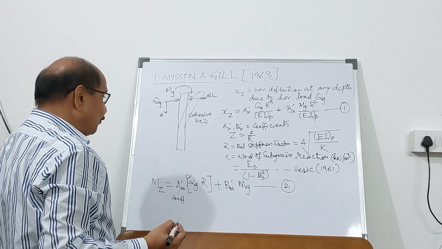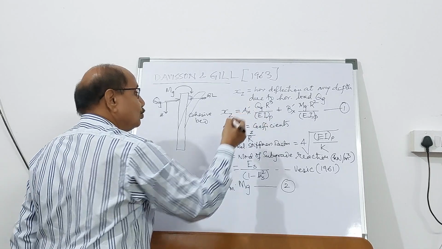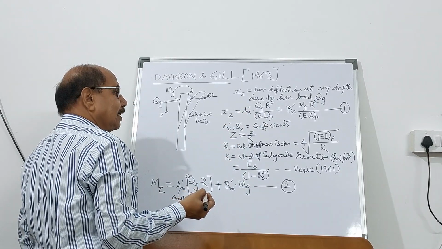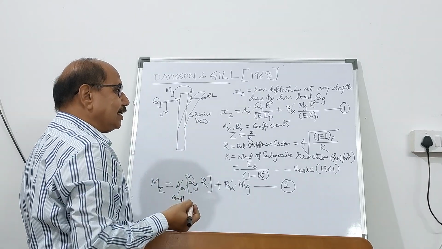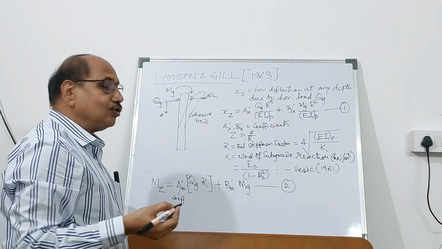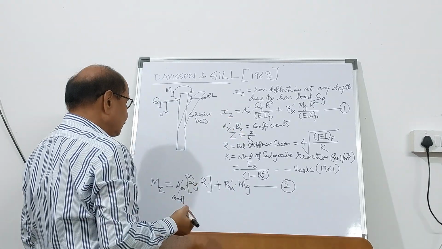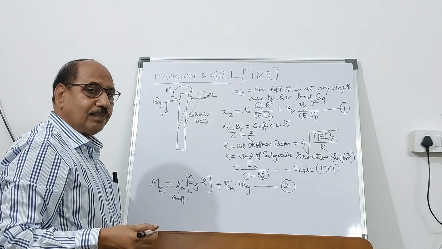So if the magnitude of the horizontal force is known, and if the dimensions of the pile and material of the pile are known, I can find out the deflection, I can find out the moment along the pile's length.